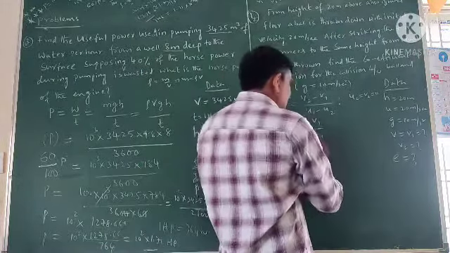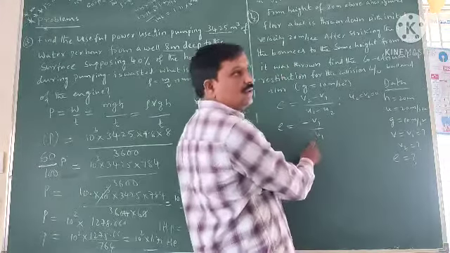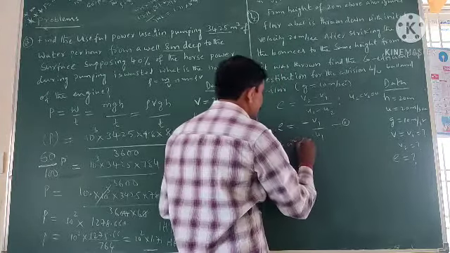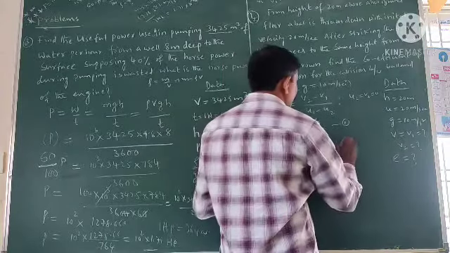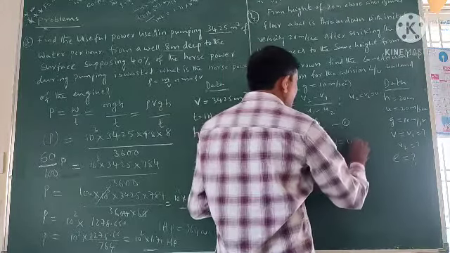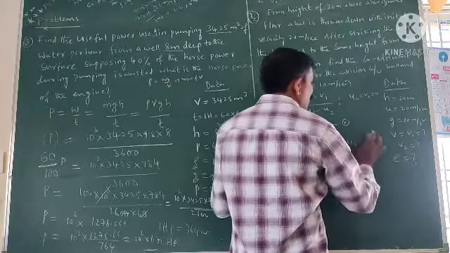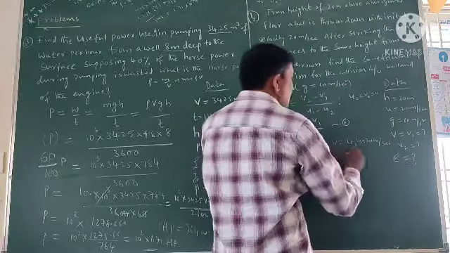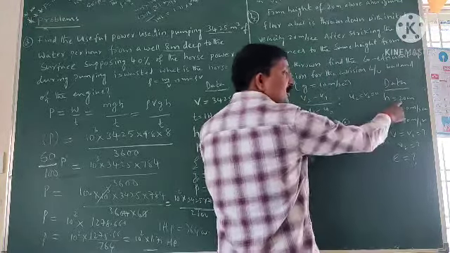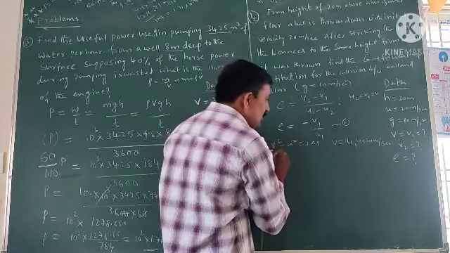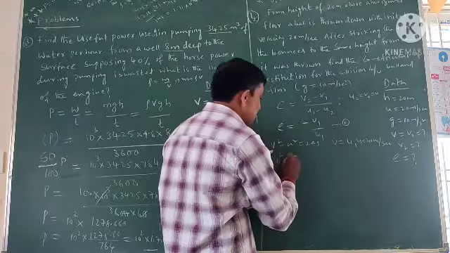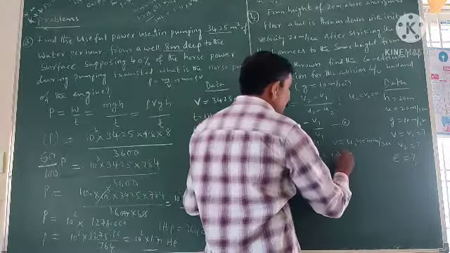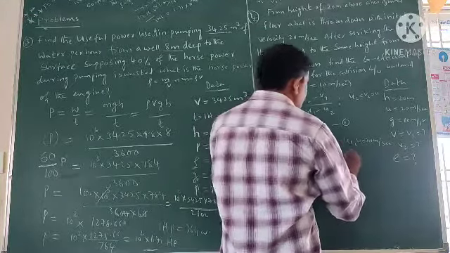First of all, find out the velocity. By using V square minus U square is equal to 2AS formula. Here V is equal to U1 and initial velocity U is equal to 20 meter per second. A is equal to G, 10, S is equal to H, 20 meter. Substituting, U1 square minus 20 whole square is equal to 2 into 10 into 20.